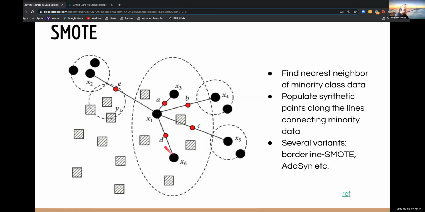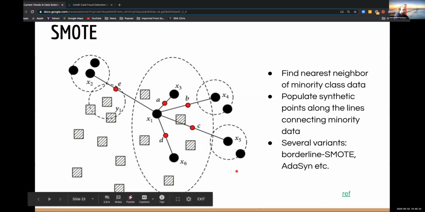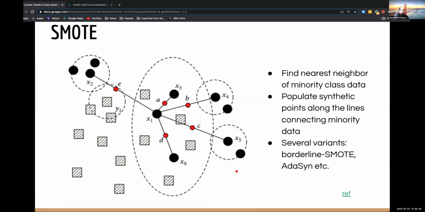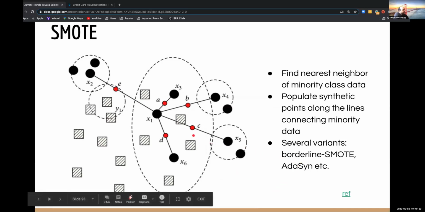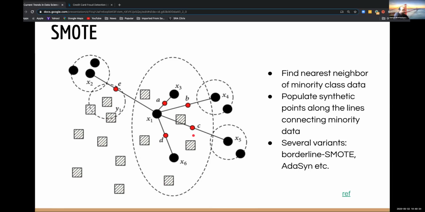And what SMOTE does is it finds the nearest neighbors of these black dots and tries to generate these red points along this line. There are several variants of SMOTE that people have worked out. For example, adaptive synthesis is where it assigns weights to each one of these points.